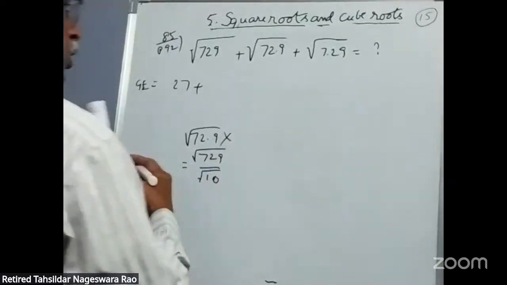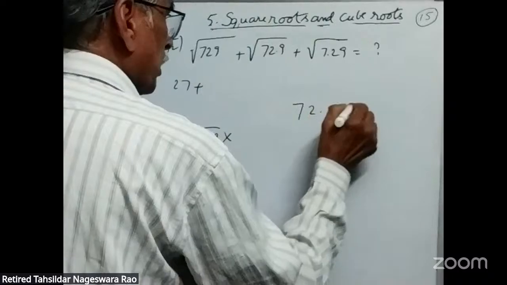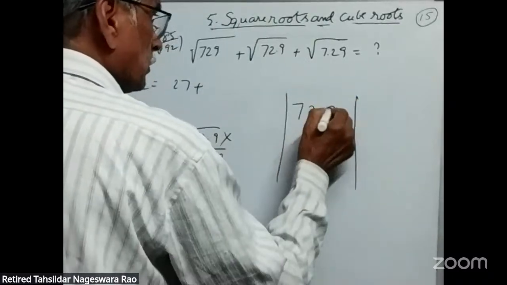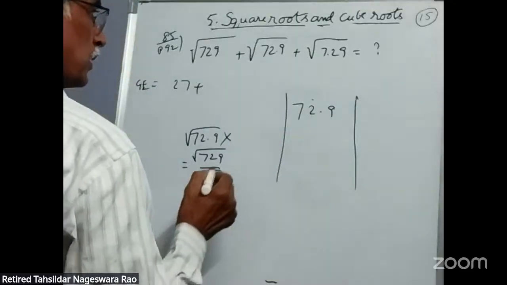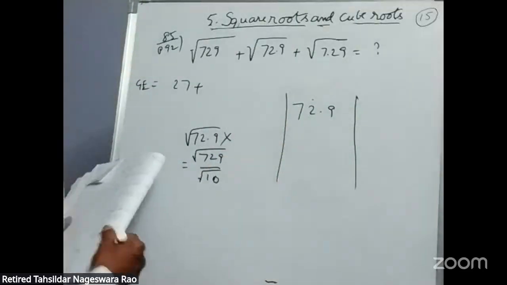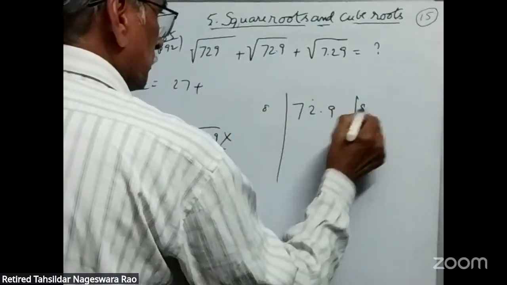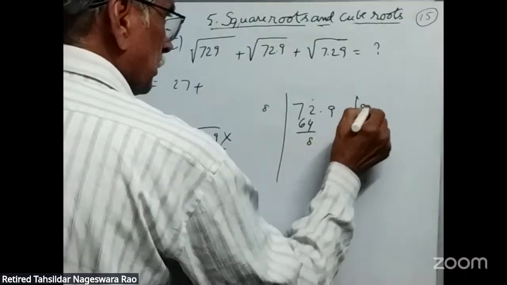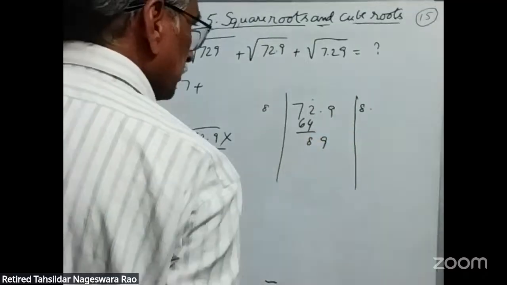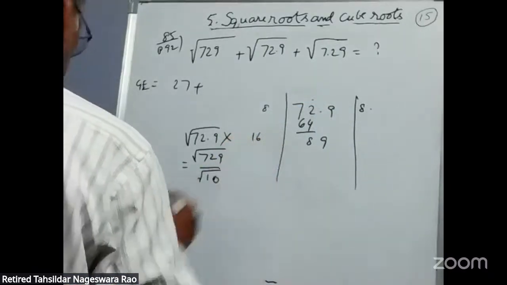The same position you have to do 72.9 square root. Starting from this point, once point up to 72. 8 8 is 64. 8 point here, 9. That is 16.